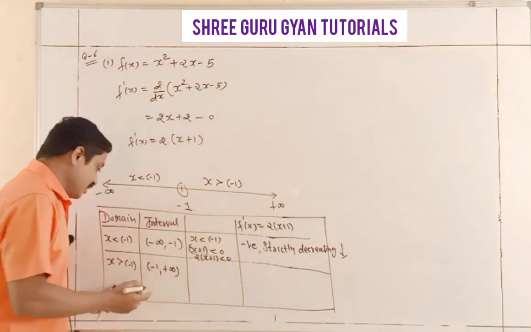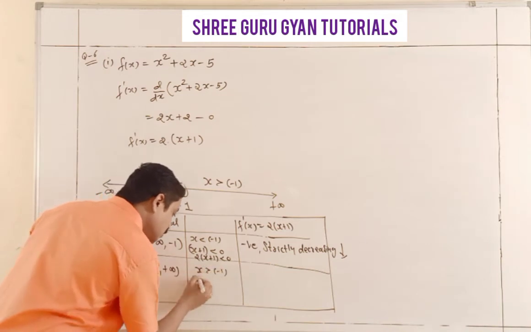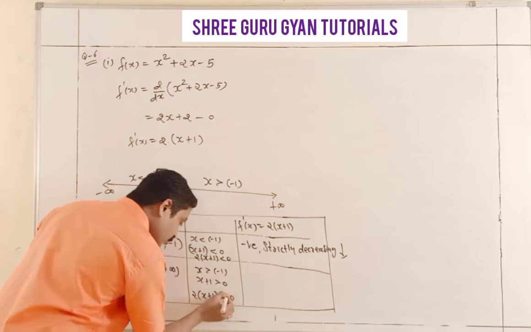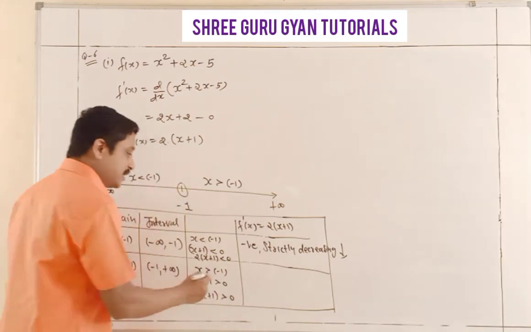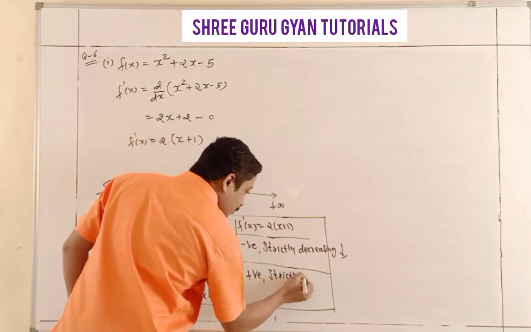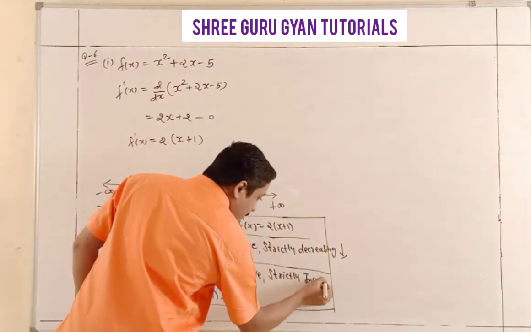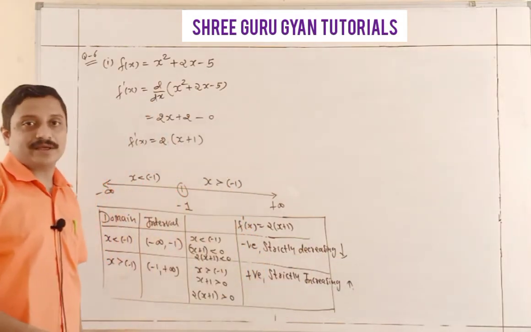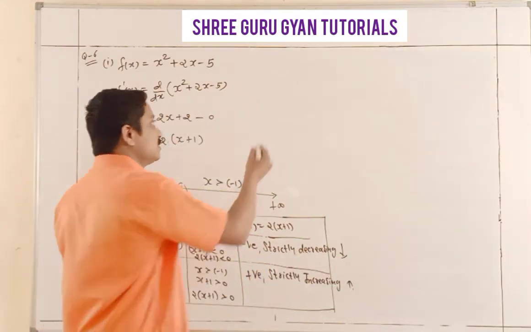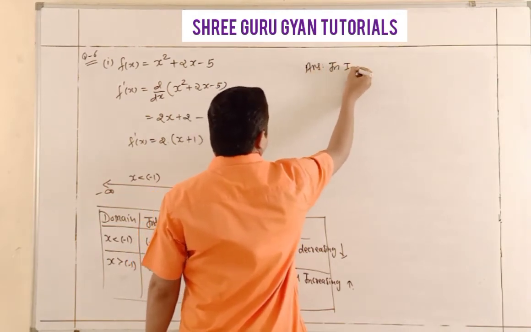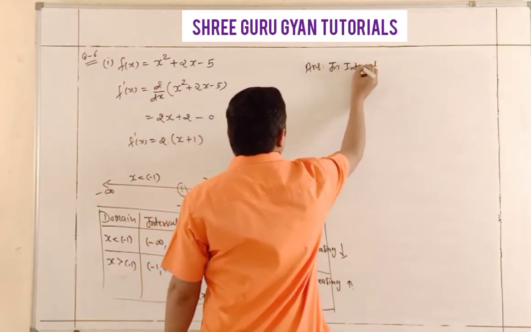Same here, condition: if x is more than minus 1, x plus 1 is more than 0, 2 multiplying more than 0. So my answer is positive. It is strictly increasing. And that, students, is your answer. After that you write down the last answer. So my answer is in interval. Which interval?